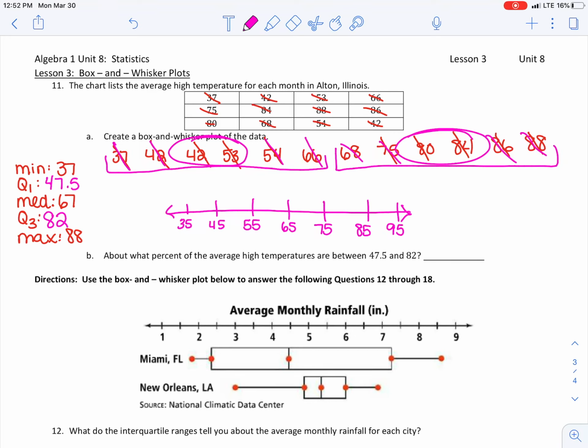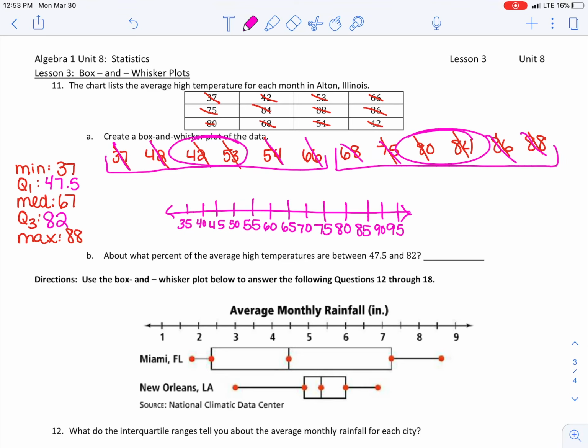Okay, you can go by smaller intervals, and that's perfectly fine. I mean, we could even put 40 in between here, 50, and just go by 5s instead, if you wanted to do that. That way it's a little easier to see everything.